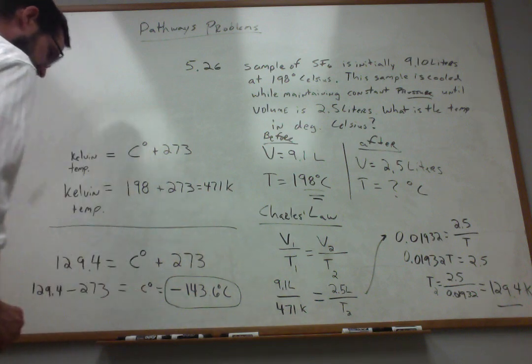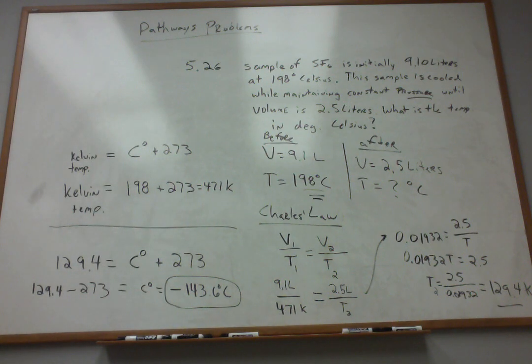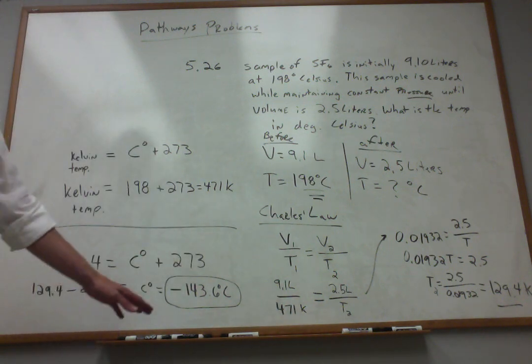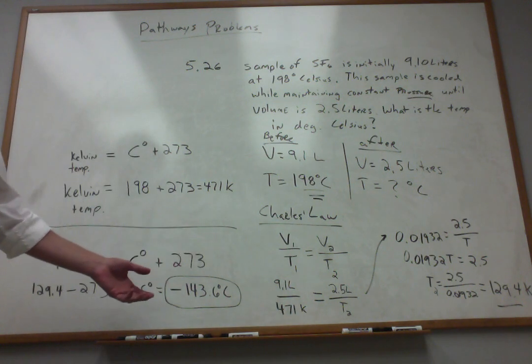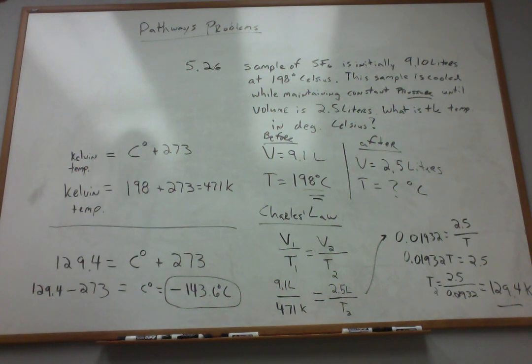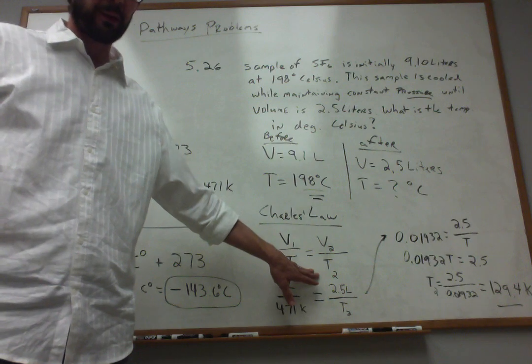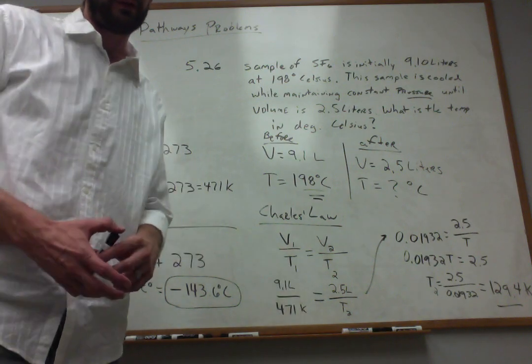Gotta have that negative sign carried along. So again, when you use the gas laws, always use Kelvin temperatures. You can convert into Celsius or even Fahrenheit if you really want to, after the fact. But when you're doing the math with the equations, you must use Kelvin units. Very important.